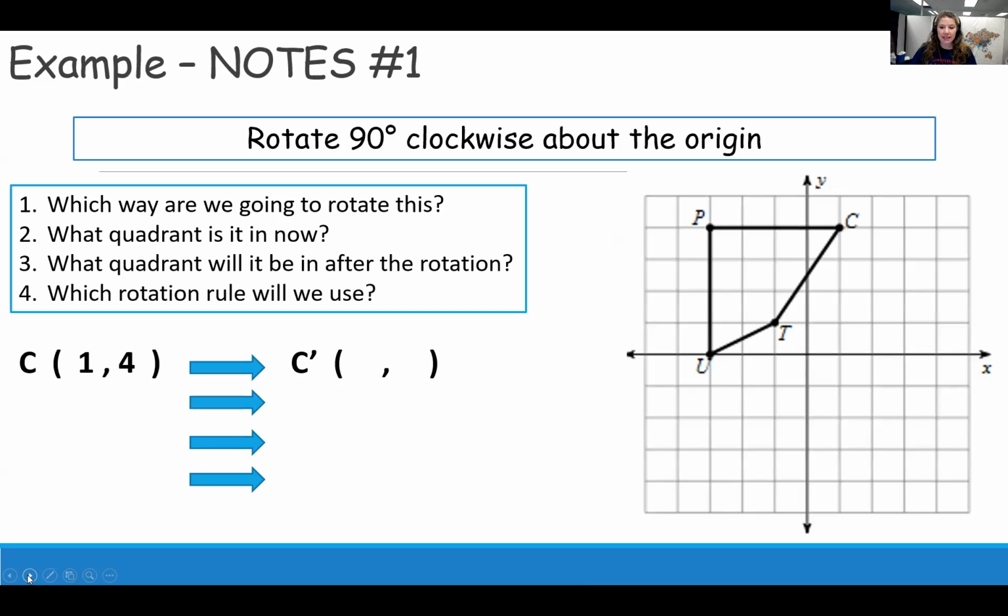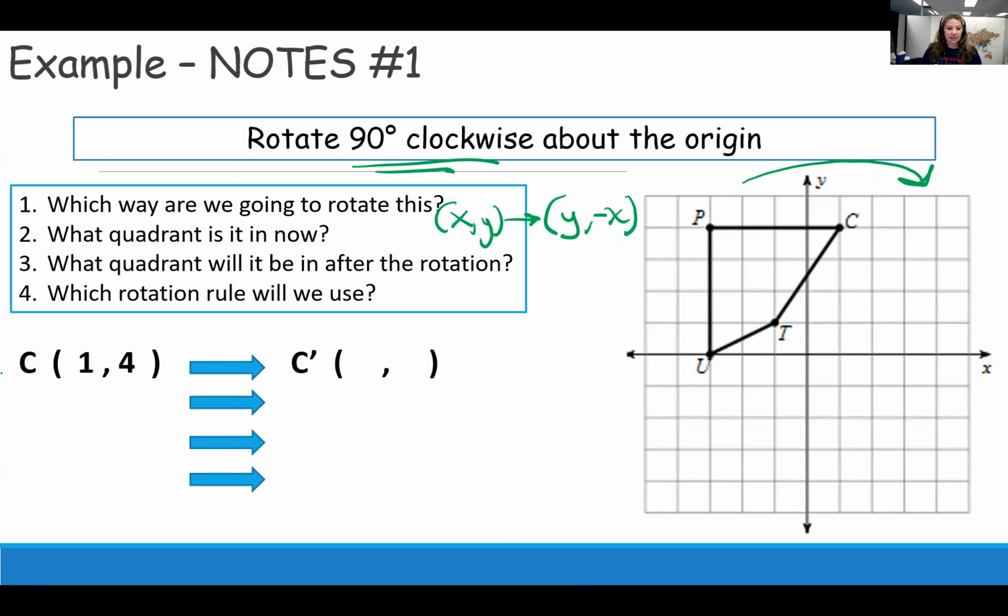All right, so let's take a look at this figure. We are going to rotate this figure 90 degrees clockwise. In other words, we're taking this and turning it 90 degrees to the right. I'm just going to write my rule on the screen so I can check it. This tells me you take the original coordinates. The y comes to the front and the x goes to the back and changes signs.